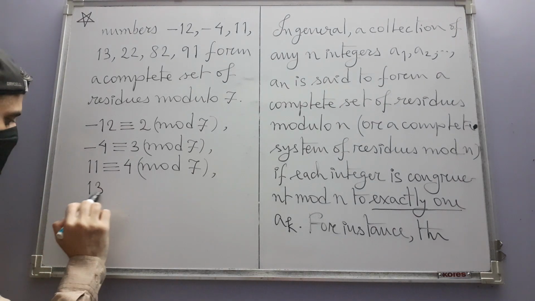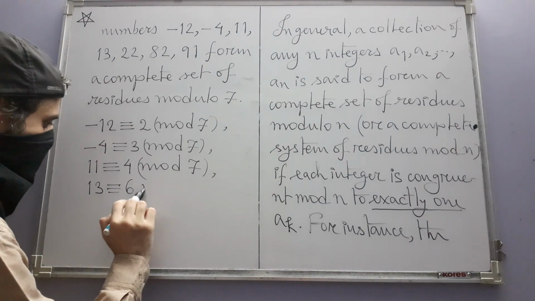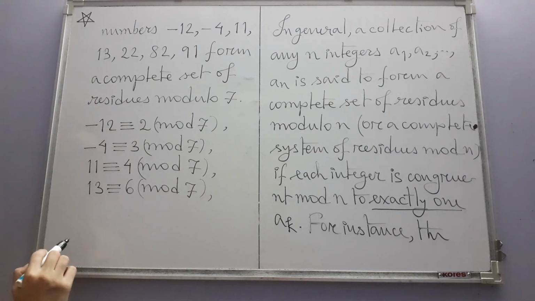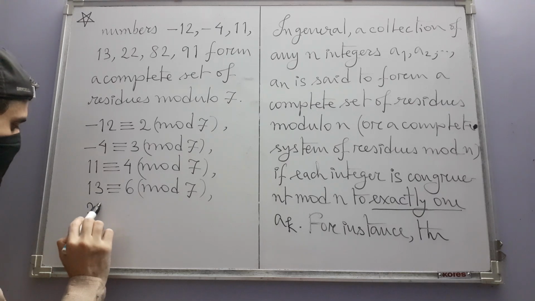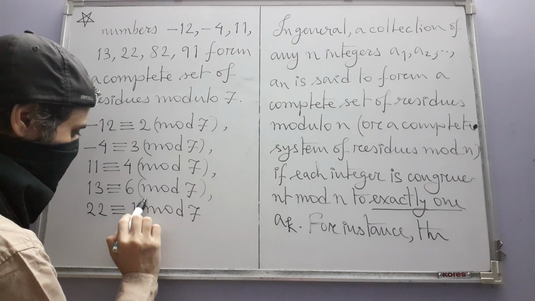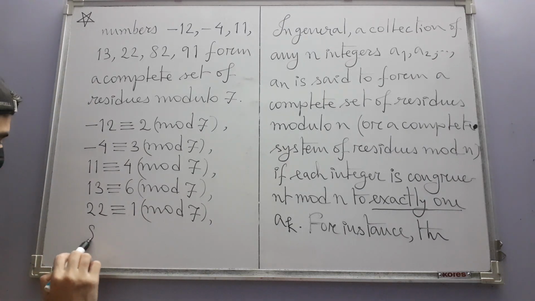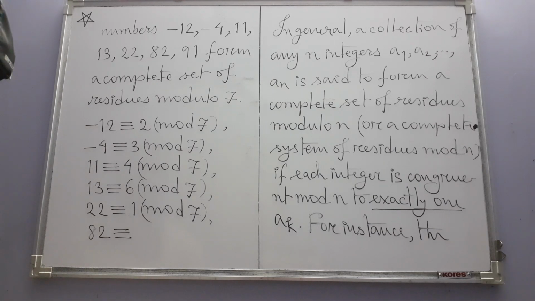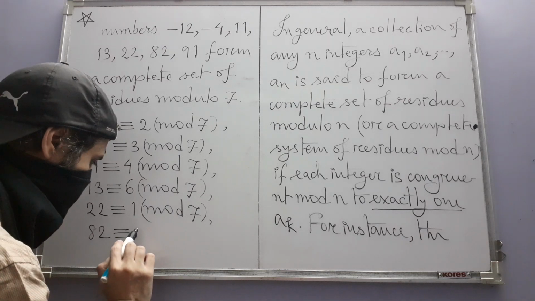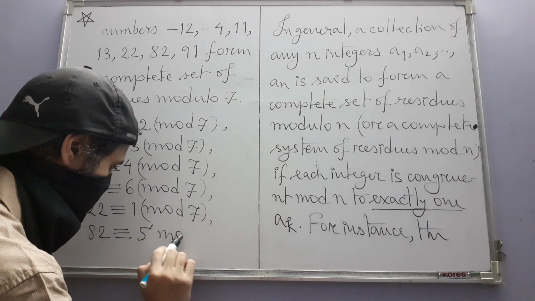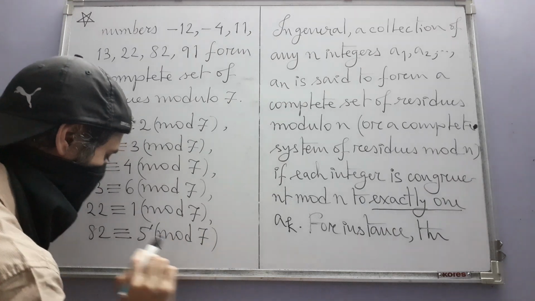Then 13 is congruent to 6 mod 7. 22 is congruent to 1 mod 7. 82, what is the multiple of 7?